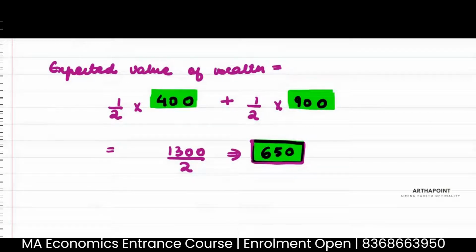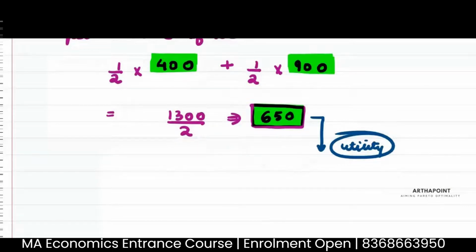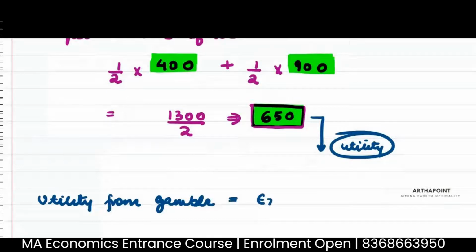Now, based on this, if I ask you what is the utility from this, then you have to remember that to find the utility from gamble, this is equal to my expected utility.